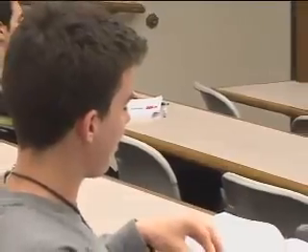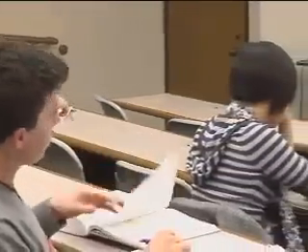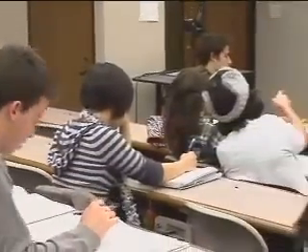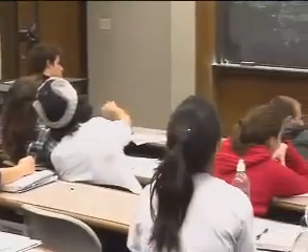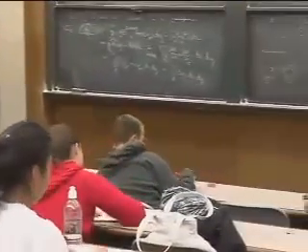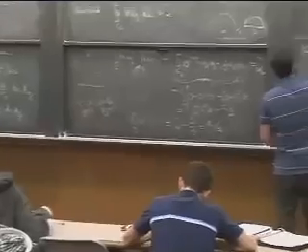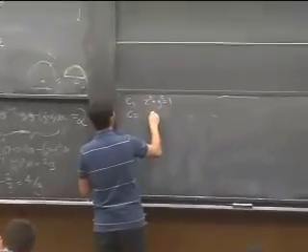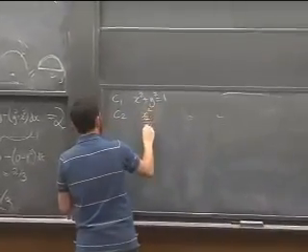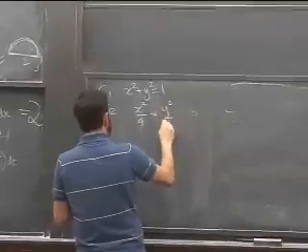All right, here's another question. This is a nice one. This comes from a quiz in spring '04. Let C1 be the curve x squared plus y squared equals 1. And let C2 be the ellipse x squared over 4 plus y squared over 9 equals 1.